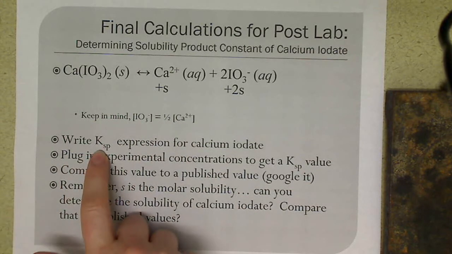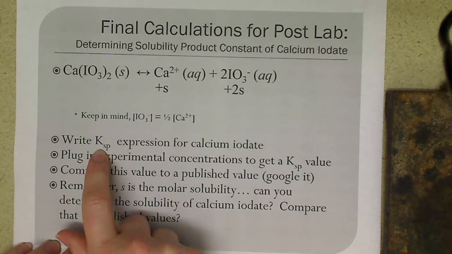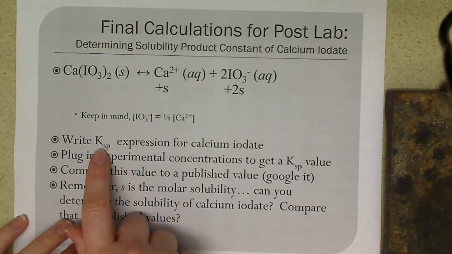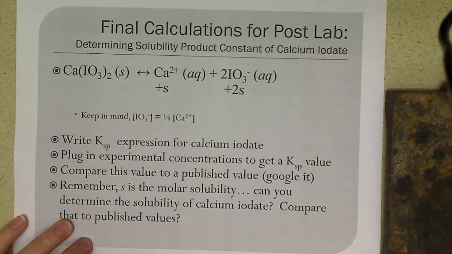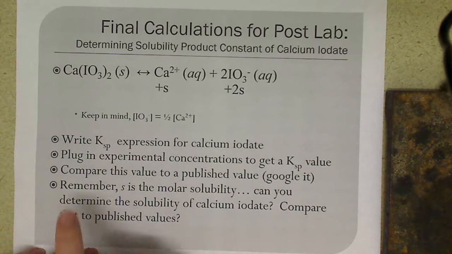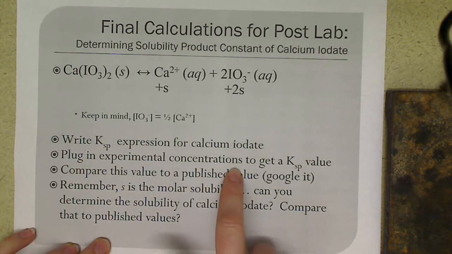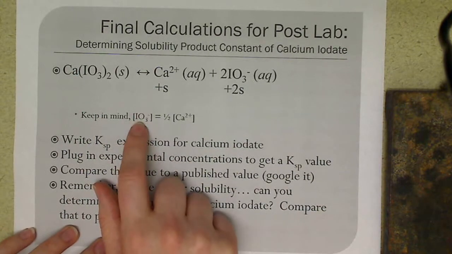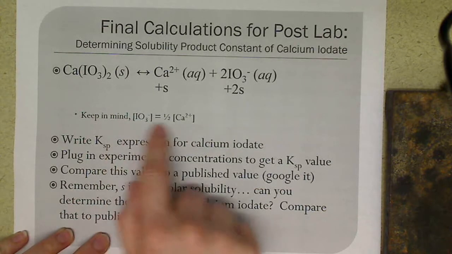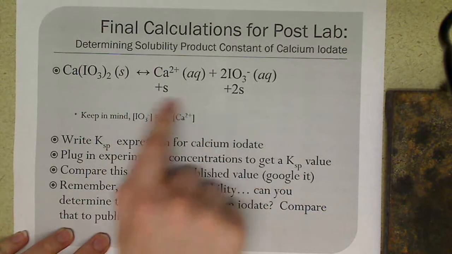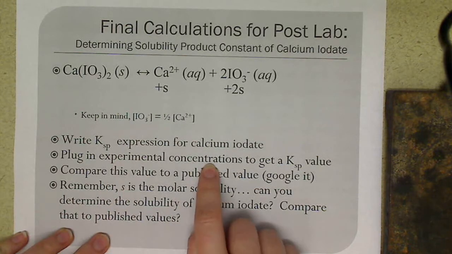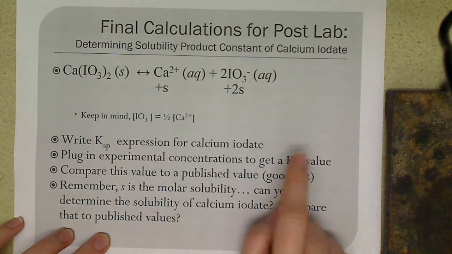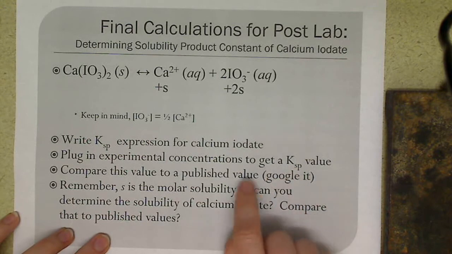You want to write a Ksp expression, and that's the products over the reactants, including the aqueous and the gas phase, no solids and liquids. You want to plug in your experimental concentrations, so we have the concentration of this. That's what you did for part 3. Keep this relationship in mind for plugging in your experimental concentrations and calculate a Ksp value.